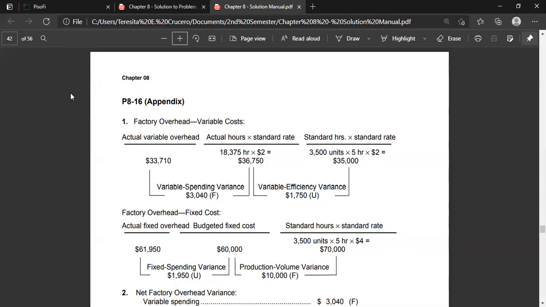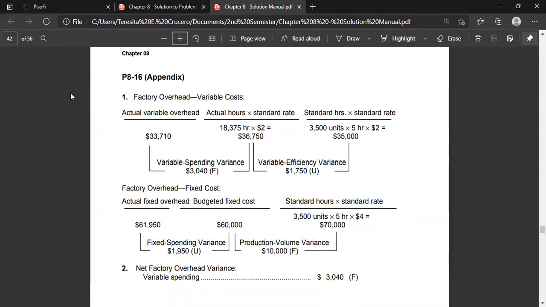Now we go to the variable efficiency, taken by comparing actual hours times standard rate and then standard hours times standard rate. We get the difference of 1,750. That's the variable efficiency variance.